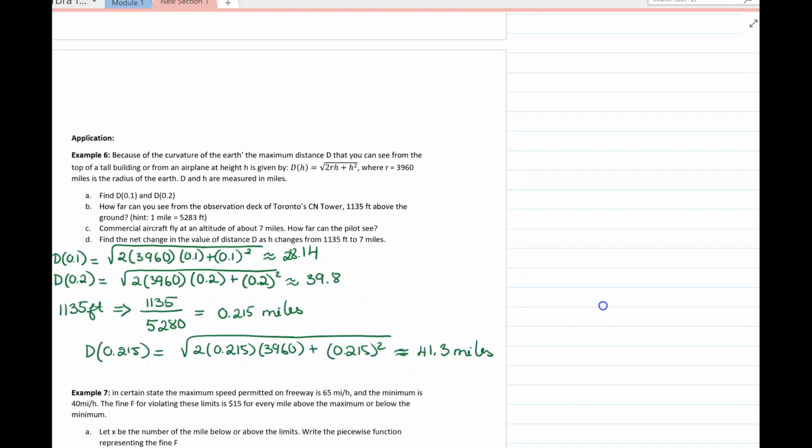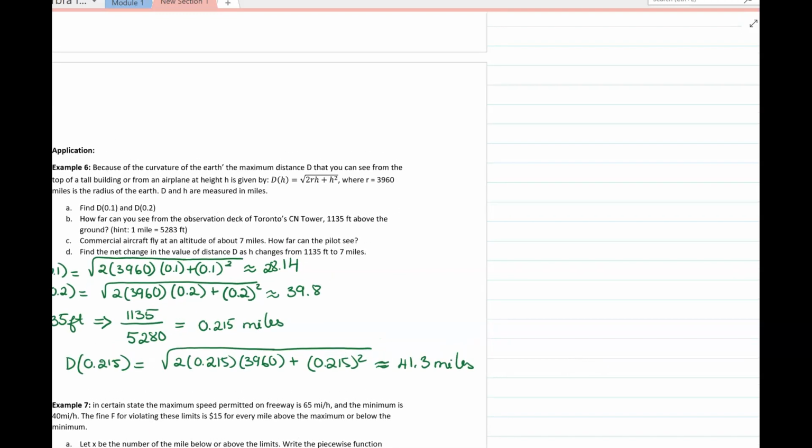Okay. A commercial aircraft flies at an altitude of about 7 miles. How far can the pilot see? You can start by evaluating d of 7, and that is equal to 235.6 miles.